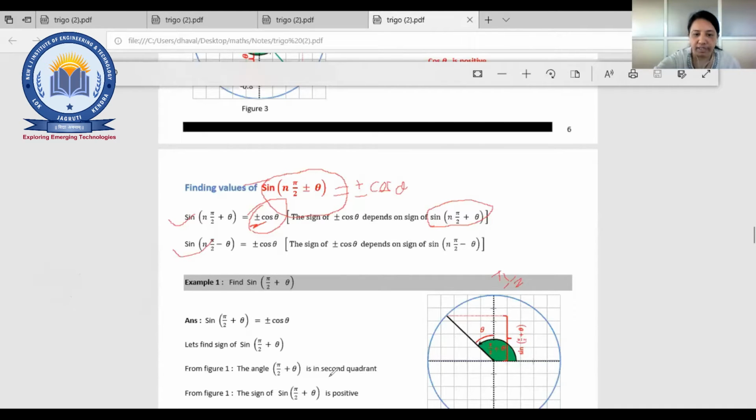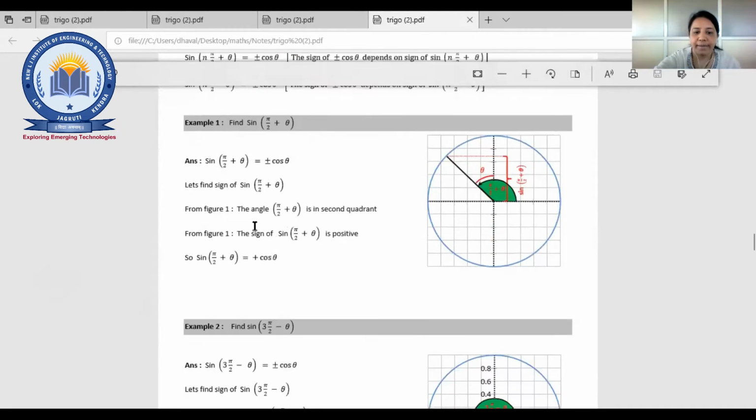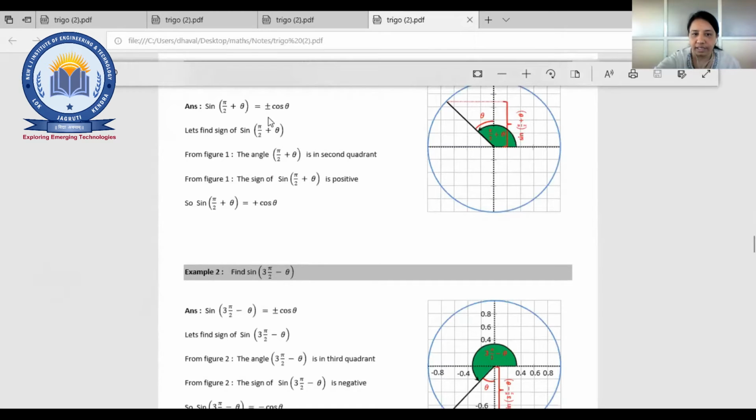Now the example, right? Here it is given sine of pi by 2 plus theta. So sine of pi by 2 plus theta, we know it will be plus or minus cos theta. We just need to decide the sign. Okay.